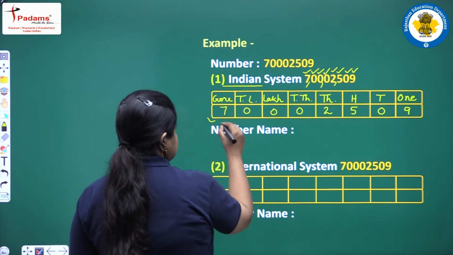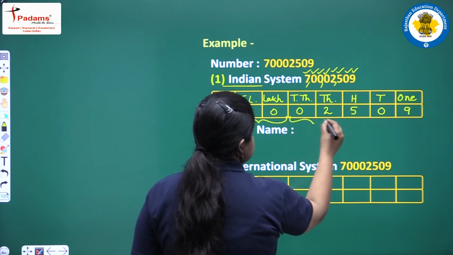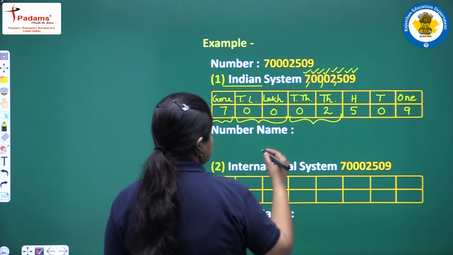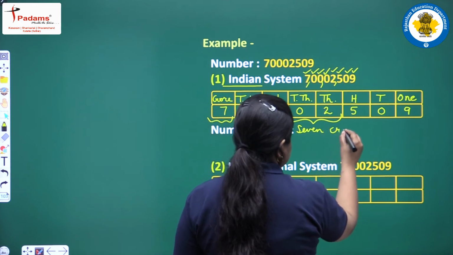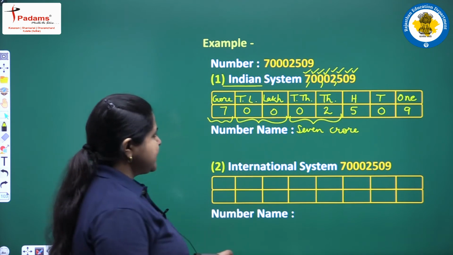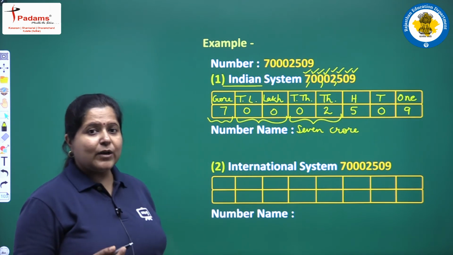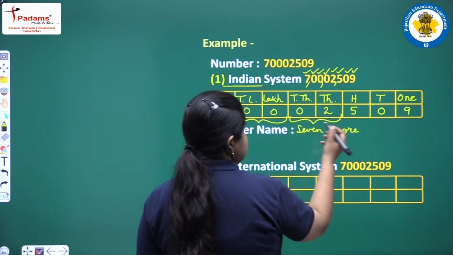We will take this crore separately, these lakhs, and then these thousands. So we write it to be 7 crore. Now both the digits are 0, it means 0 lakhs. So no need to mention it, we will straight away come to thousands.